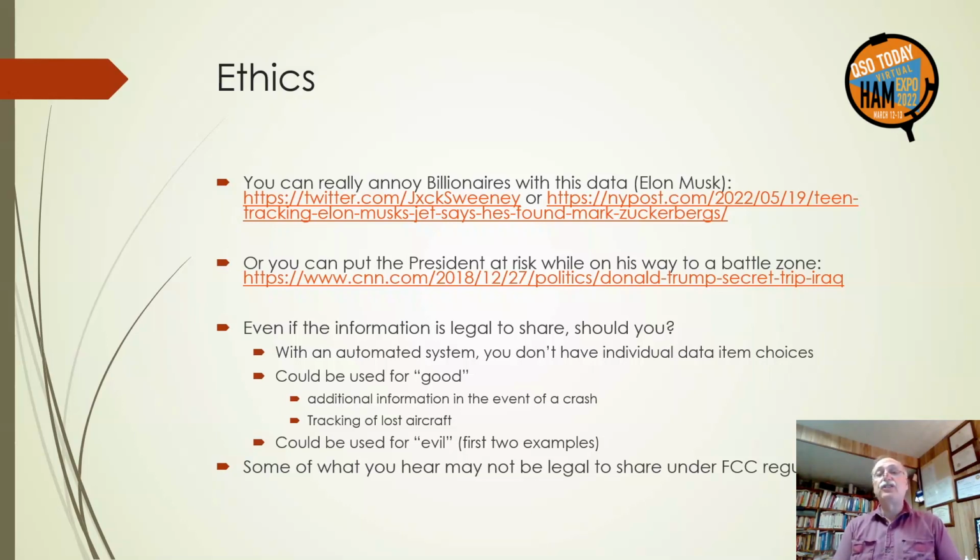Or you could put the president at risk while he's on the way to a battle zone. They actually flew Air Force One under, I'll call it a false, a separate registration ADS-B code, flew out of Andrews to try to prevent people from realizing the president was on board and that it was indeed Air Force One, a 747.